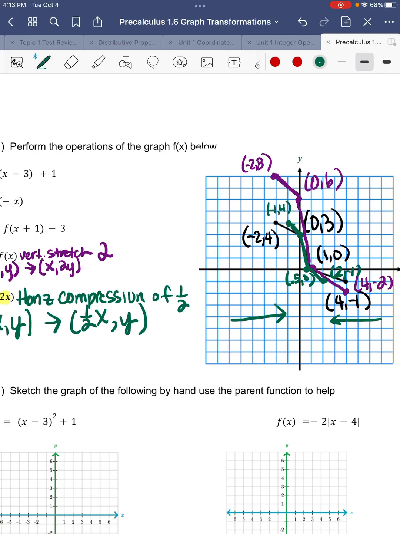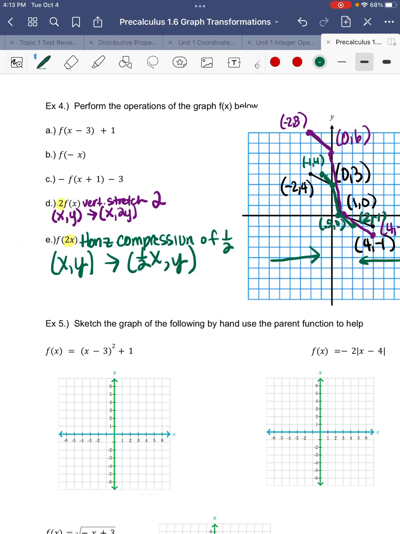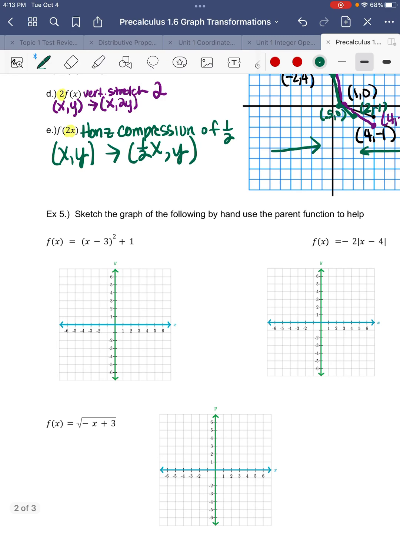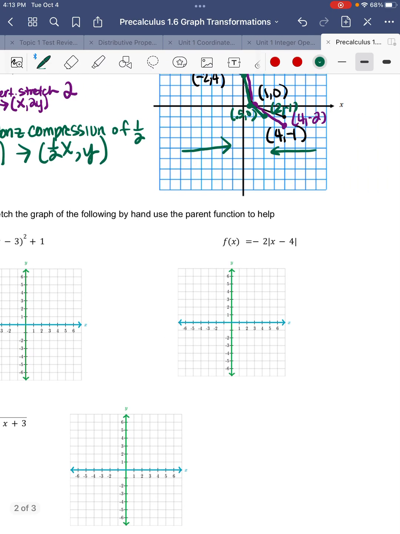What if I have some graphs of parent functions and I want to see how to do a vertical stretch or shrink in those cases when I don't necessarily know the ordered pairs? Well, I dealt with x squared yesterday. Let's look at f of x equals negative 2 absolute value of x minus 4.